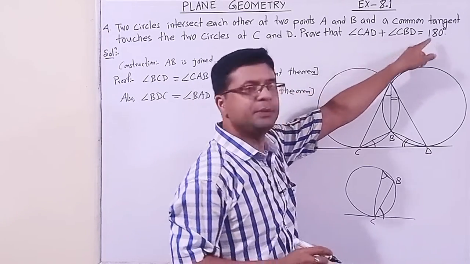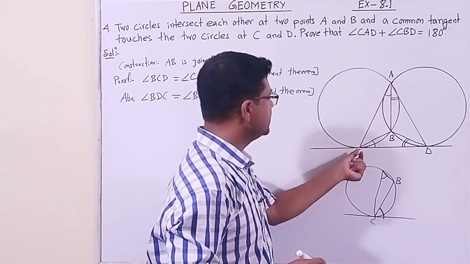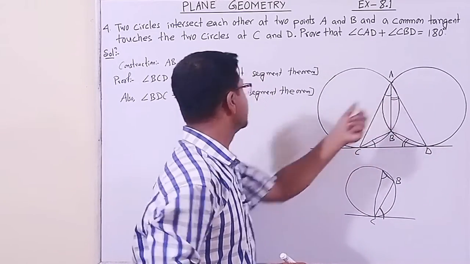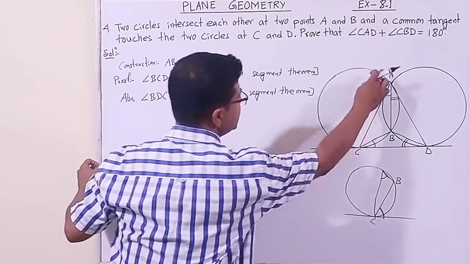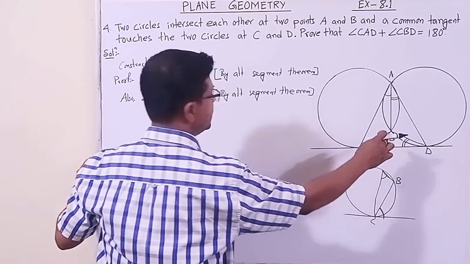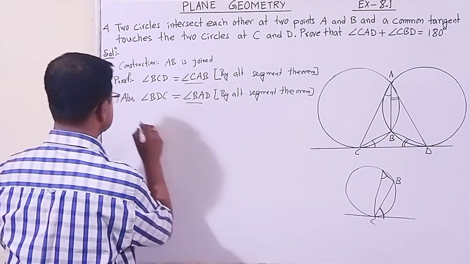Now you see, we want CAD at first, isn't it? We have to show that their sum is 180. We will get it later on, but at first we need CAD. Now, CAD is the sum of these two angles. CAD means CAB plus BAD. Then what we have to do? We have to add them.